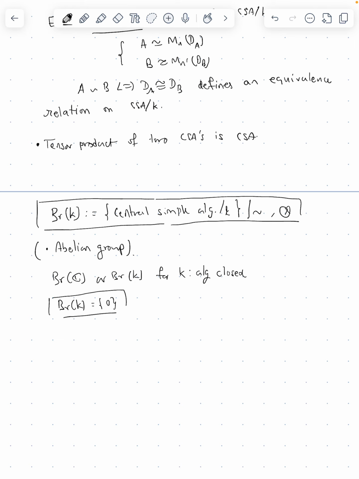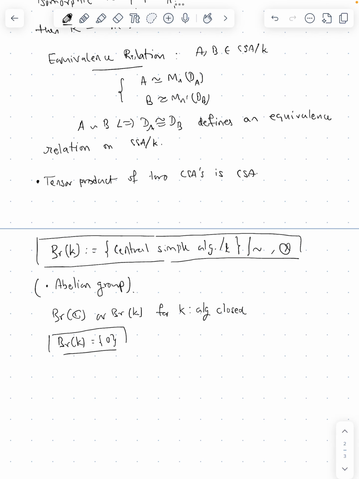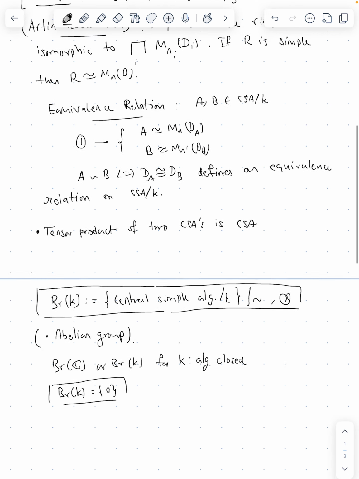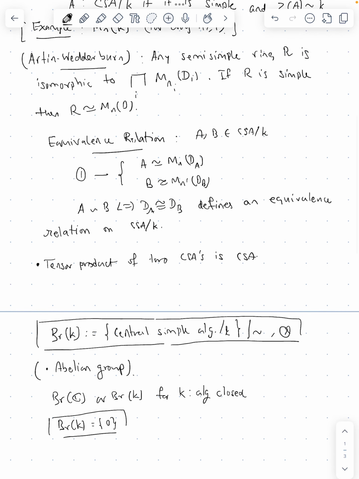So there's an equivalent way one can define this Brauer group. That is the first way, and one can show that both of them are equivalent. It will follow easily because of Artin-Wedderburn.